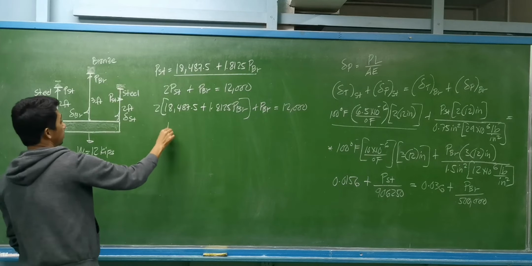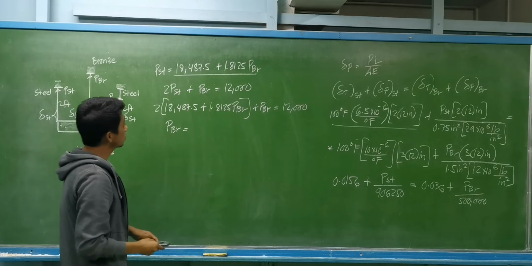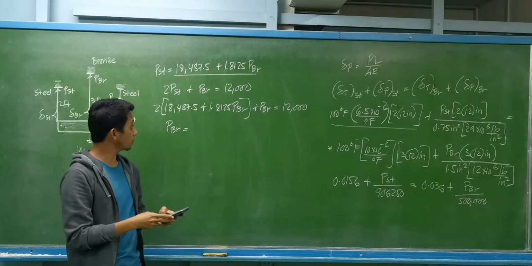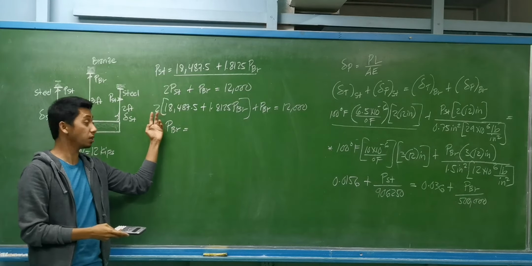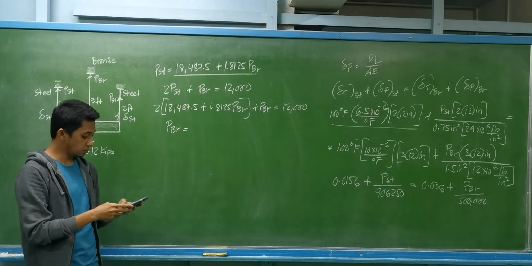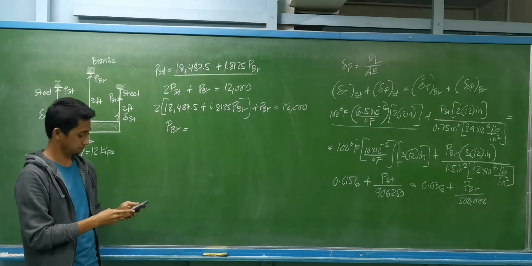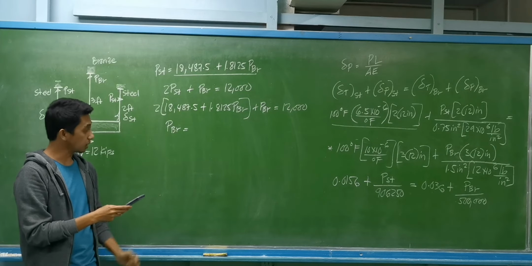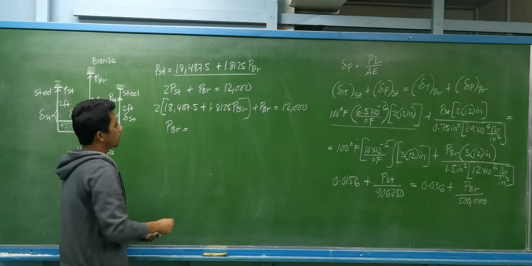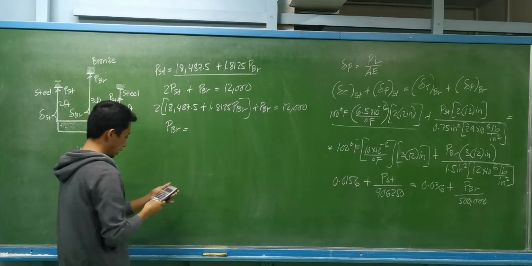So let us compute for the value of the load to be carried by the bronze rod. This is the same as 12,000, and if you transpose this one, the sign will be negative: minus 2 times 18,487.5. That is equal to negative 24,975 divided by twice of 1.8125 plus 1.